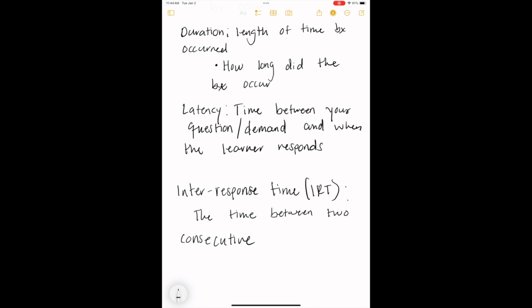So time between two consecutive behaviors. I'm going to give you an example here. Let's say that your learner often claps his hands, right? Sometimes there are kids with autism who like to clap their hands.